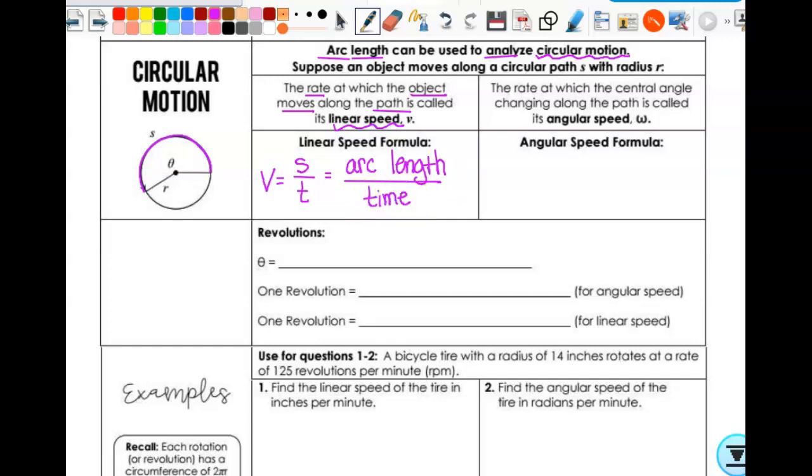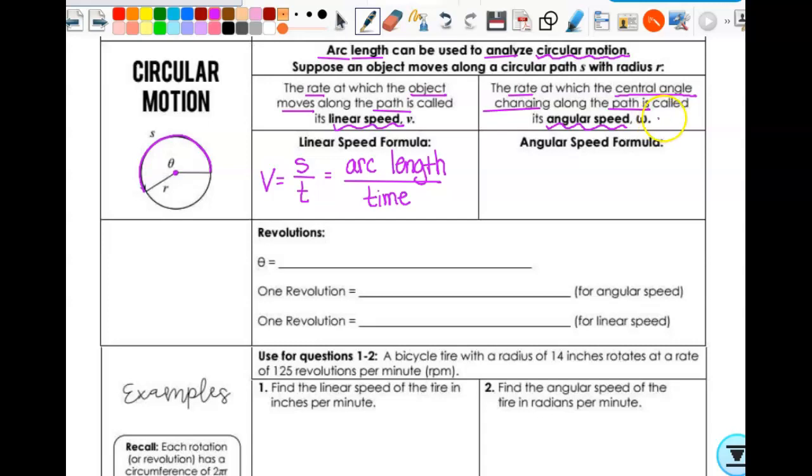The rate at which the central angle is changing along the path. Remember, central angle means that the vertex is at the center of the circle, so that's your theta there. That's called angular speed, and this looks like a lowercase w, but it's kind of a bloated w. It's actually a lowercase Greek letter. Anybody know what Greek letter that is? It's the last one. So you have the alpha and omega.